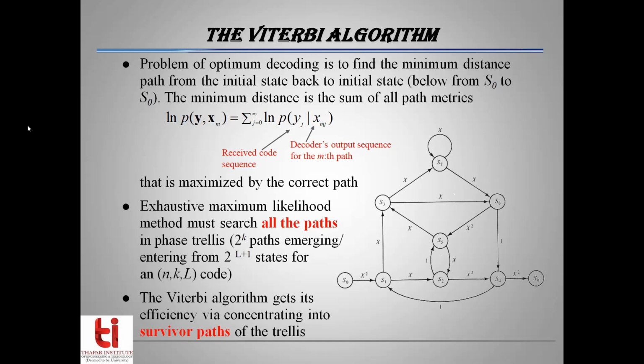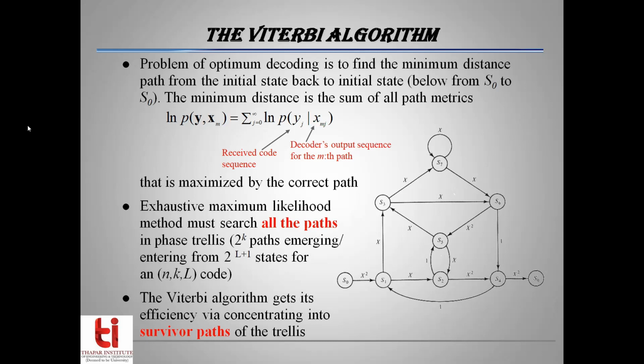this particular example. If our received code sequence is given as y_j, and the decoder's output sequence for any given mth path can be written as x_mj, then the conditional probability associated with it, summed over all possible values, will give you the minimum distance path in terms of a joint probability.